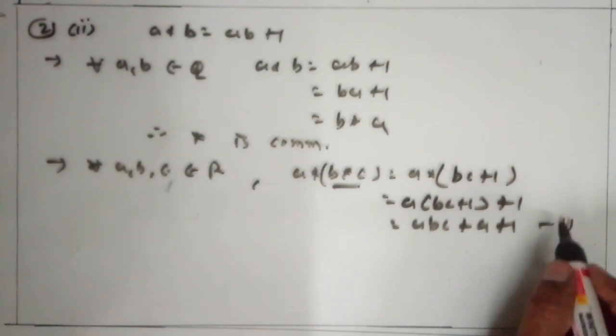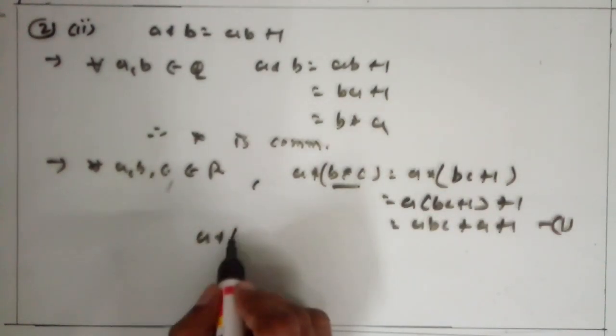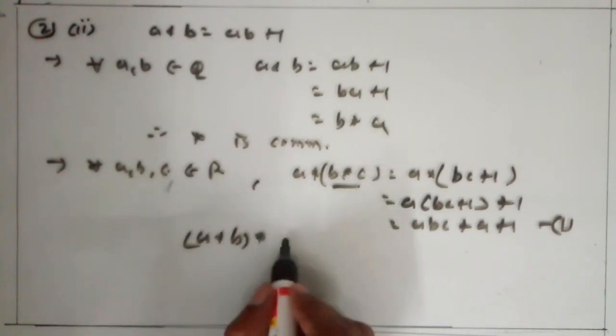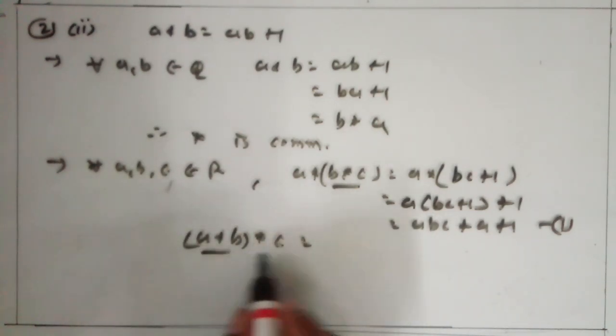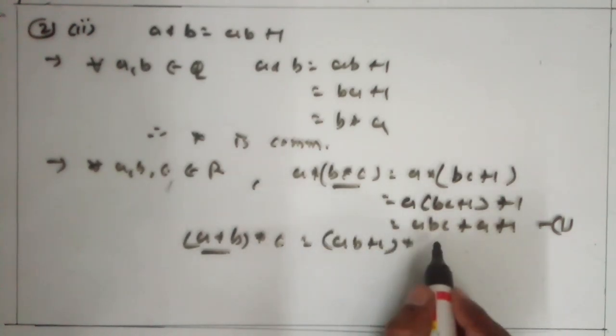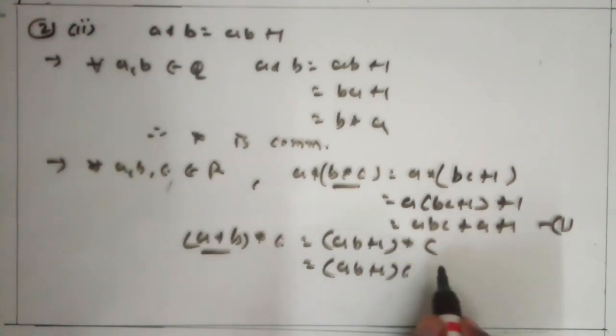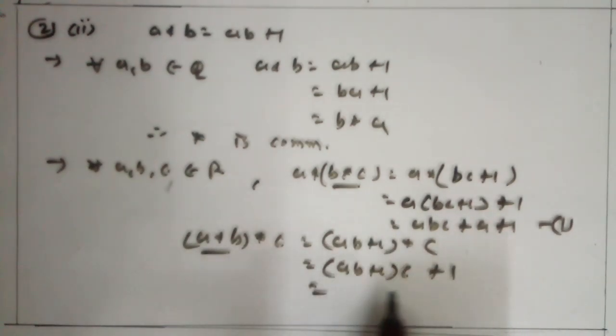Take this as result number 1. Similarly, we get (A star B) star C. Here A star B is equal to AB plus 1, star C. Now (AB plus 1) star C is equal to (AB plus 1) into C plus 1. Taking it inside, we get ABC plus C plus 1.